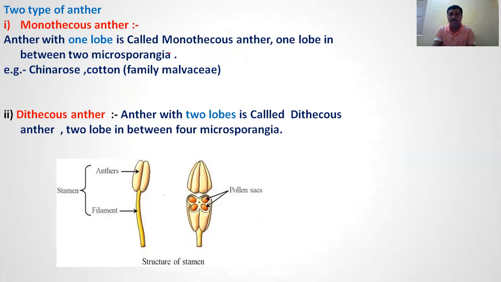Only one lobe present is the monothecious anther. Example: Malvaceae family, mostly China rose and cotton.